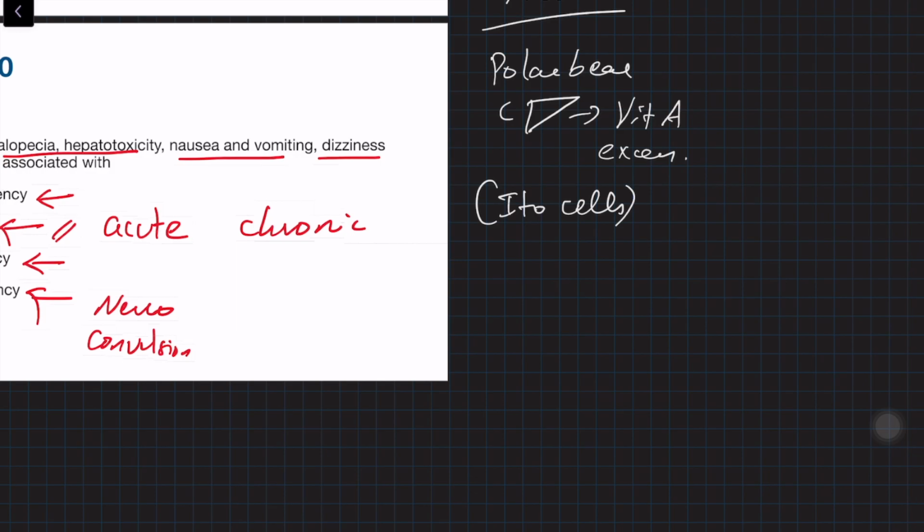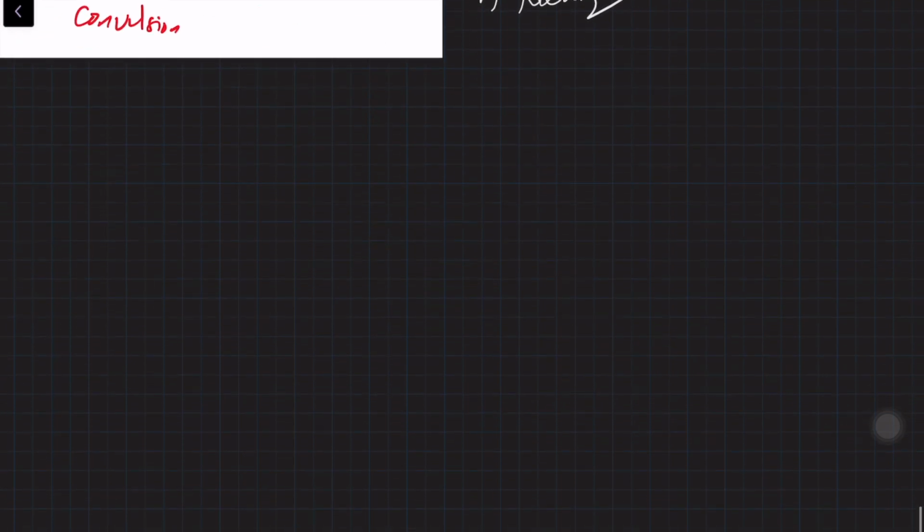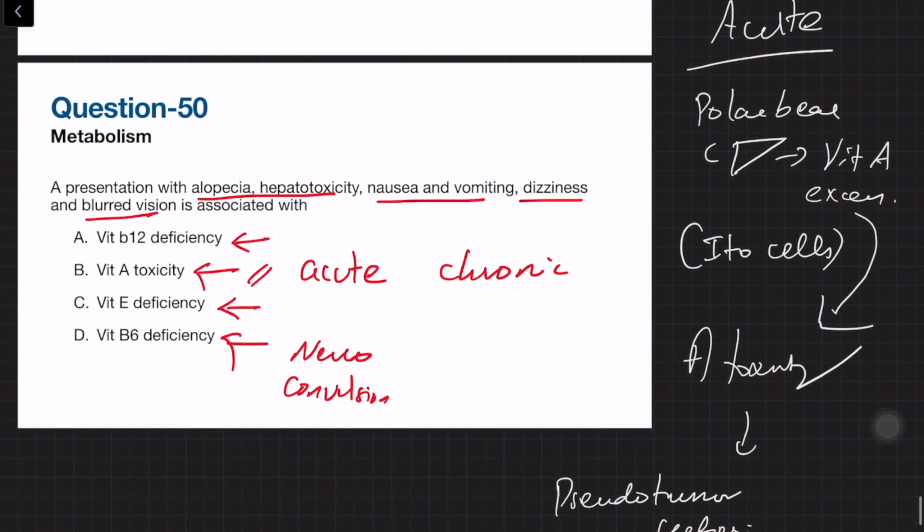When Arctic explorers go to Arctic areas and eat polar bear liver, which is very tasty, and eat a lot of it, they get vitamin A toxicity and present with pseudotumor cerebri, where they get nausea, vomiting, headache, papilledema, and hepatotoxicity and everything.